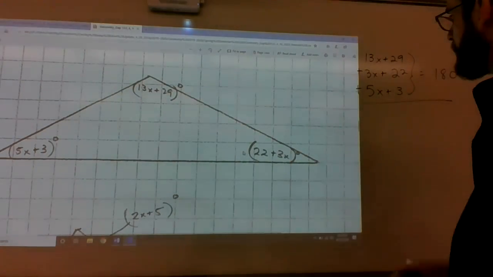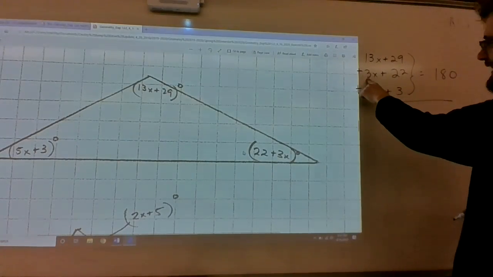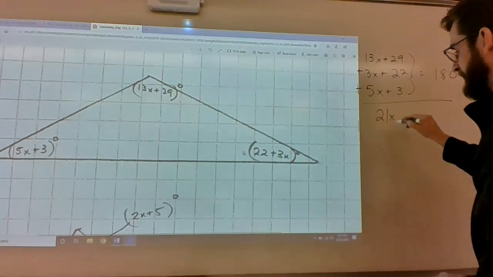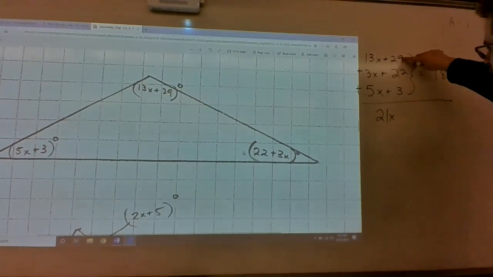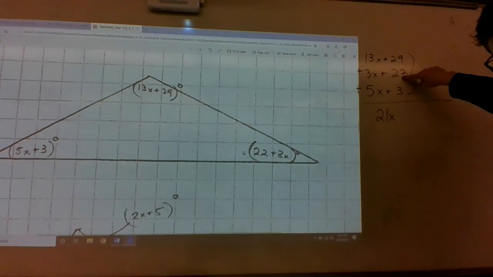So here's what we do. Combine all your x's. So 13 plus 3 is 16. 16 plus 5 is 21, those are our x's. And then 29, I'm going to skip down here. 29 plus 3 is 32. 32 plus 22 is 54.